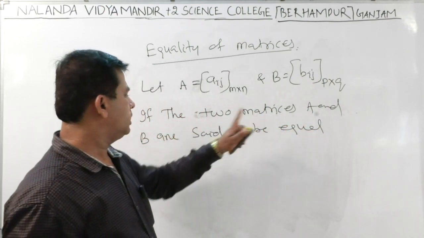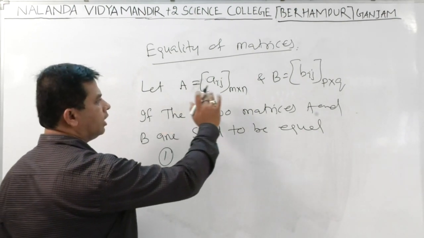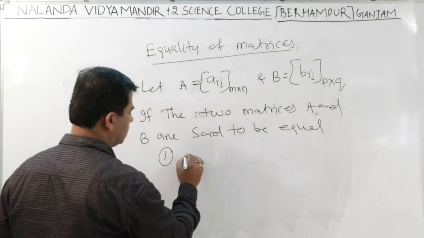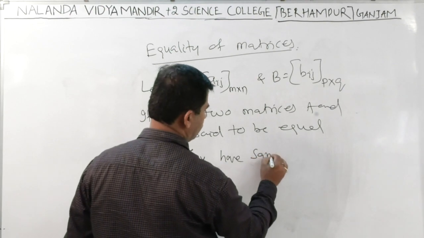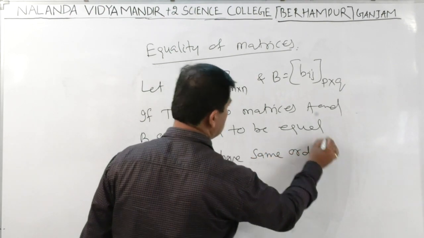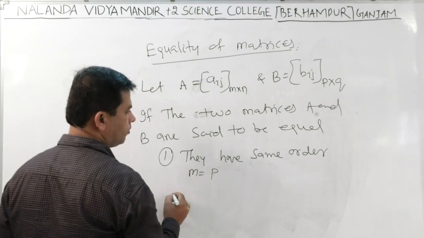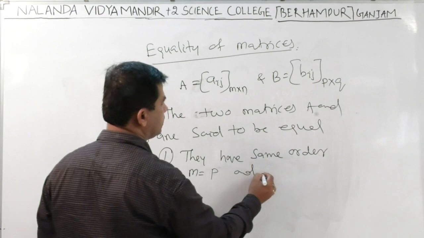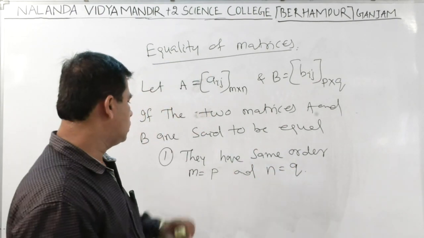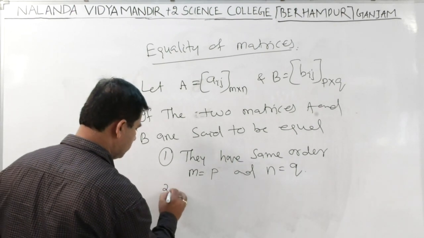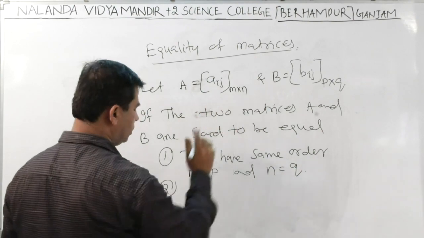If two matrices A and B are said to be equal, the first condition is that they have the same order, which means m is equal to p and n is equal to q. And the second condition is that the corresponding elements are also equal.